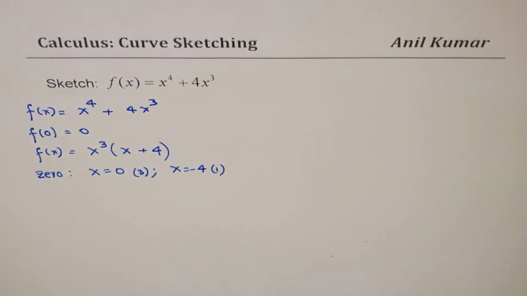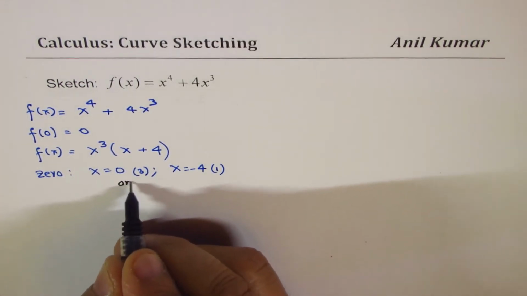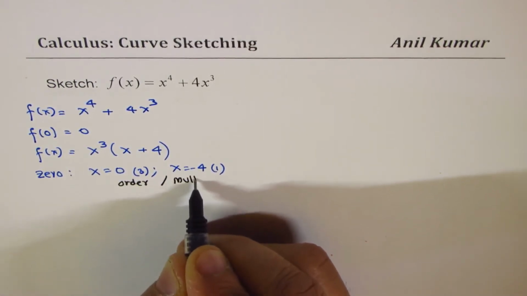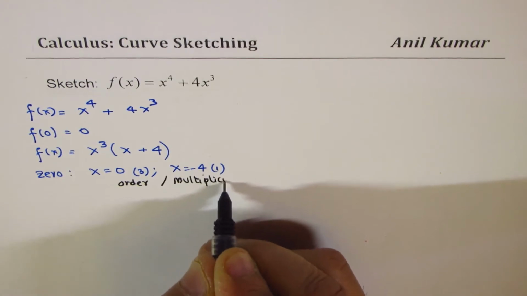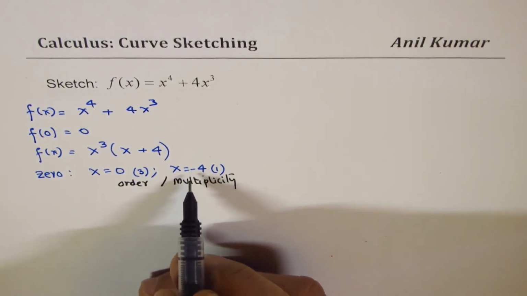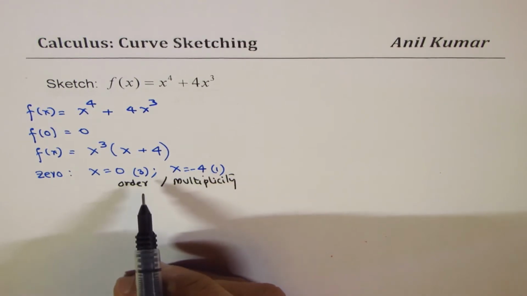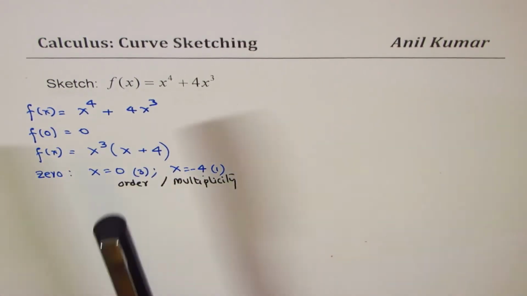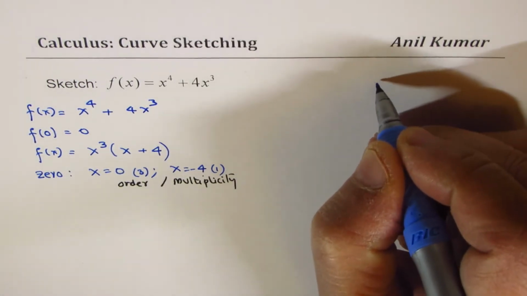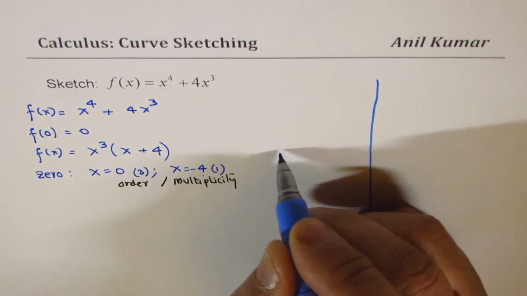It is kind of important to mention the order here, or multiplicity, which we say, right? Multiplicity really tells you the nature of the graph at the x-intercept. Perfect. Now let me use this space to sketch this graph finally.